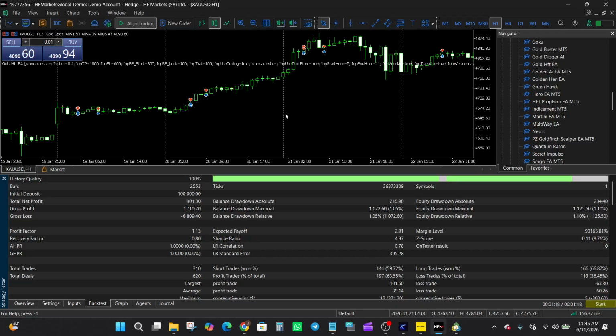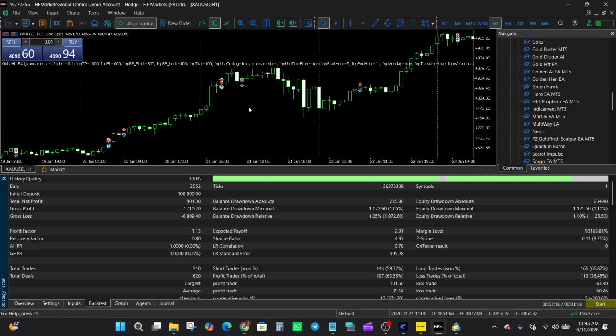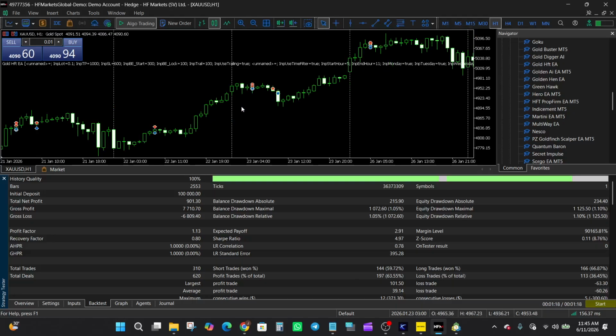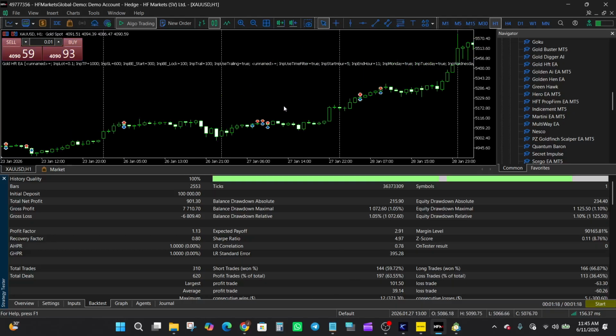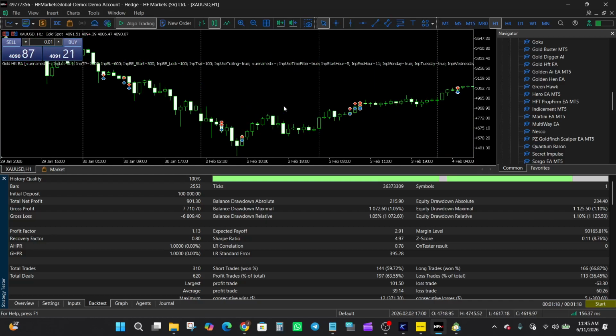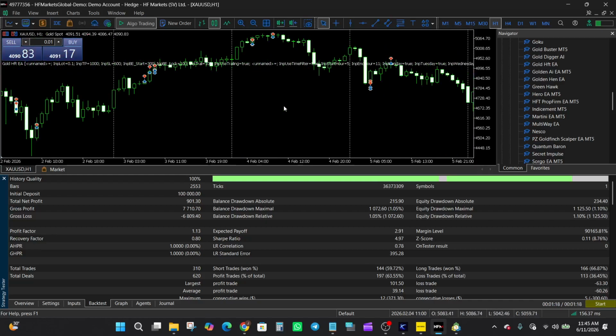You can also see that trade activity appears structured rather than random, with clear pauses between cycles, which suggests it is respecting its rule-based entry conditions rather than overtrading. I'd still recommend running longer term testing yourself as well, so you can get a more complete understanding of how the EA behaves across different volatility environments.